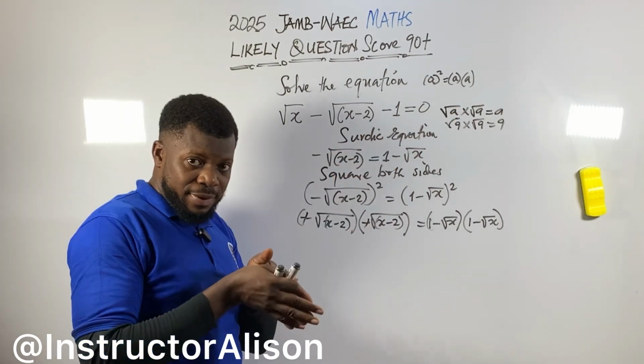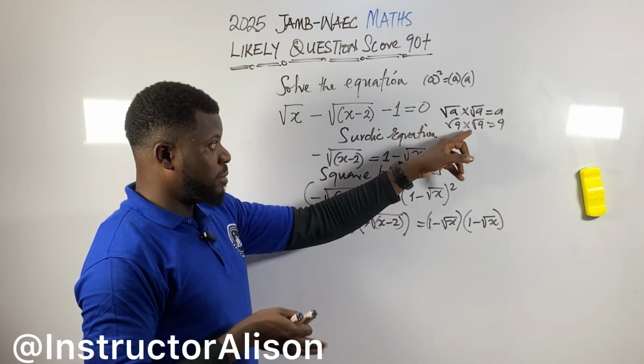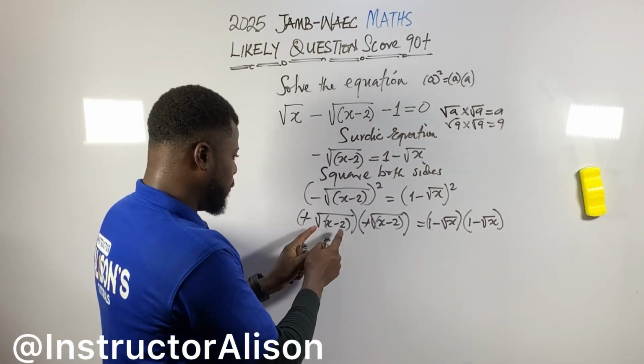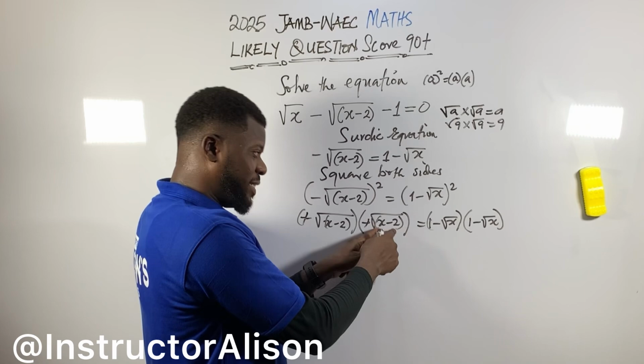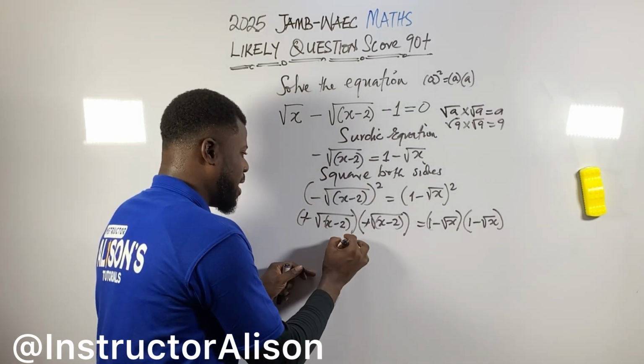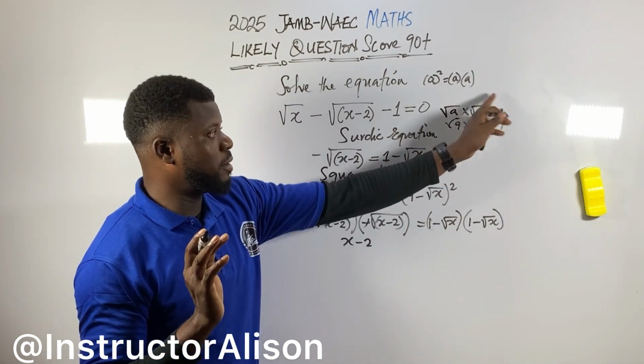The thing inside the square root is what remains, so the result is x minus 2 without the square root.